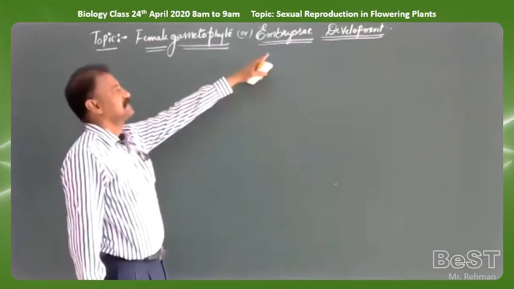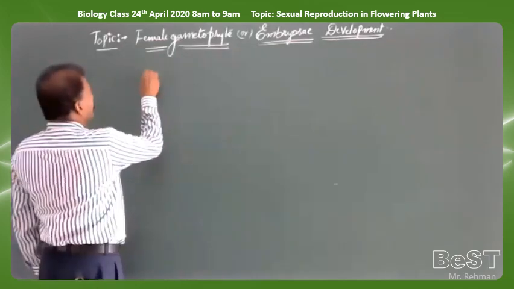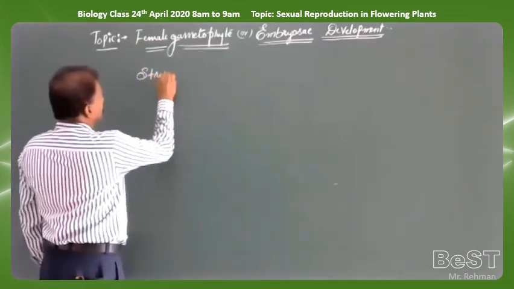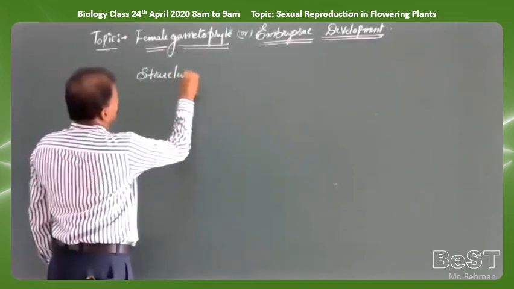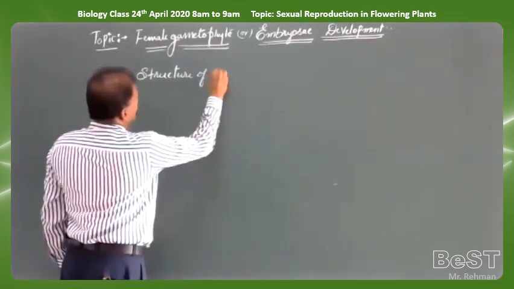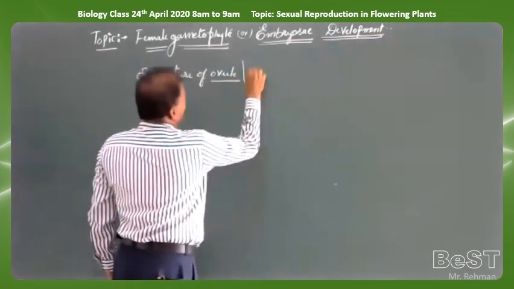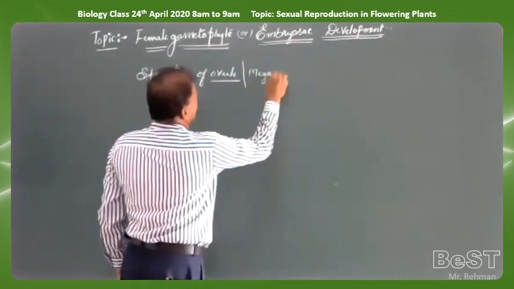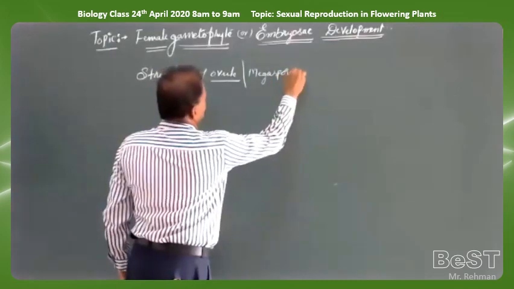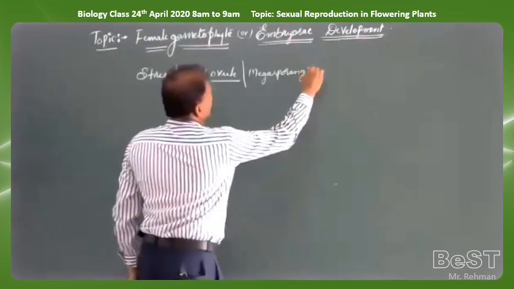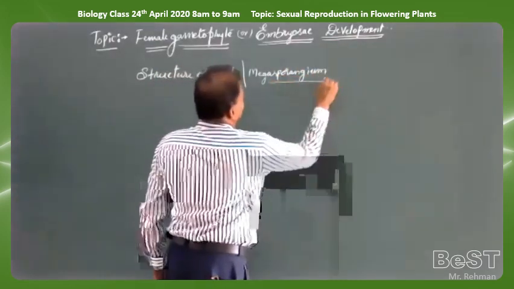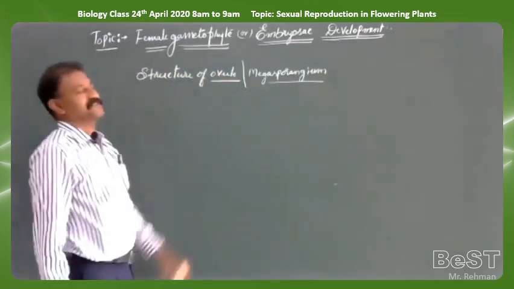In the previous class, we have seen the structure of the ovule, which is also called megasporangium. Integumented megasporangium.